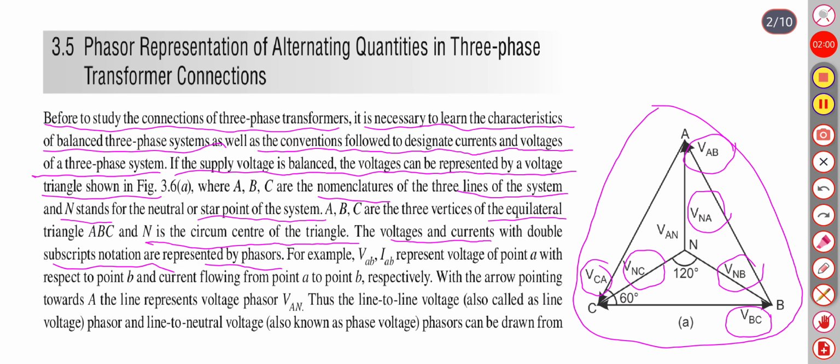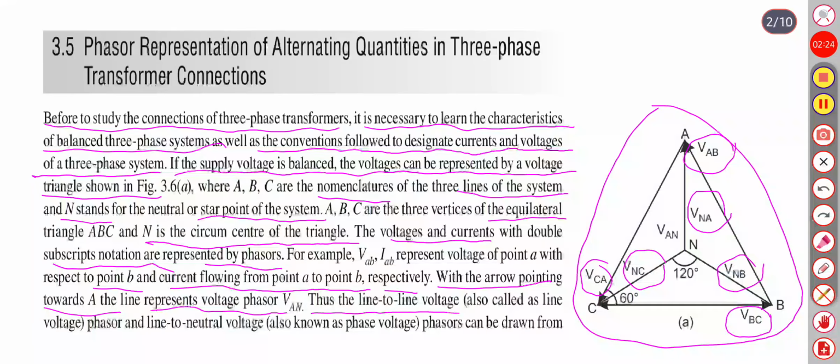For example, VAB and IAB represent the voltage of point A with respect to point B and the current flowing from A to B respectively, with the arrow pointing towards A. The line represents the voltage phasor AN.